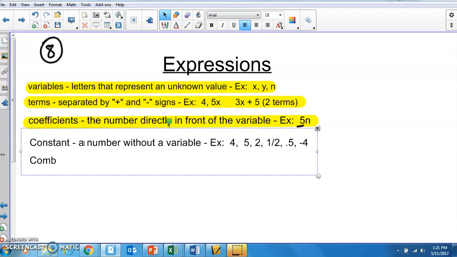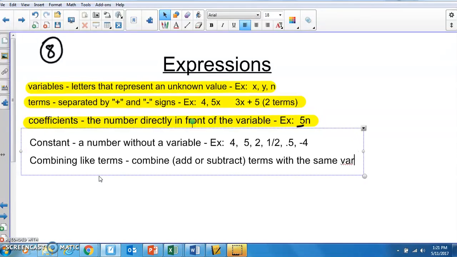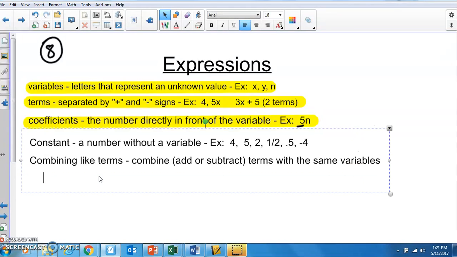Combining like terms. When we combine like terms, we're going to either add or subtract terms with the same variables. An example of that would be 5x plus 6n plus 3x.